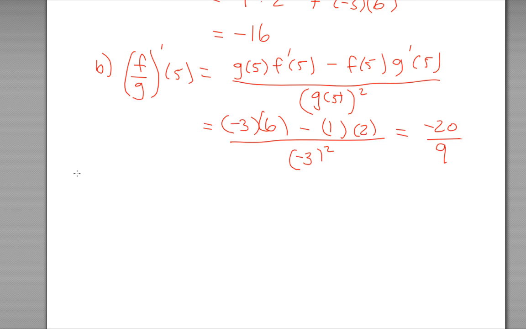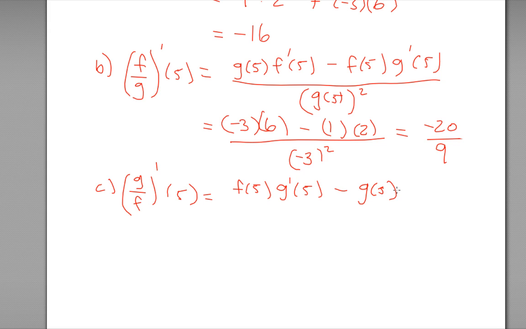Okay, moving along. C, g over f prime at 5. Same kind of thing. Let's use the quotient rule. So this becomes the bottom, f at 5, times the derivative of the top, g prime at 5, minus the top, g at 5, times the derivative of the bottom, f prime at 5, divided by the bottom squared, which is f at 5 squared.